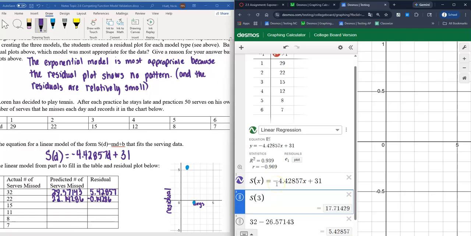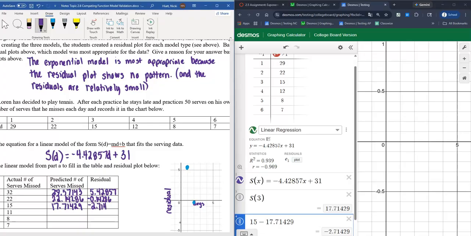S of 3 is 17.71429. And if I do 15 minus that number, my residual is going to be negative 2.71429. So that on day 3 would look about like this.